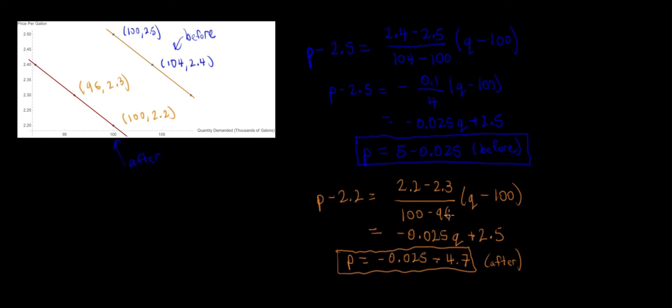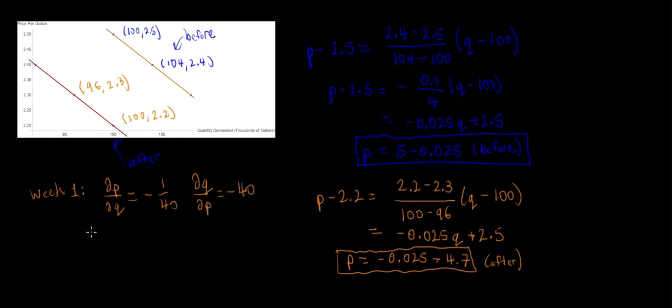Okay, so now we need to ask the question, what is the own price elasticity in week 1? This is actually pretty easy. In week 1, dp/dq is given by this blue expression, and it is just negative 0.025, which is actually negative 1 over 40. So that means dq/dp is equal to negative 40.